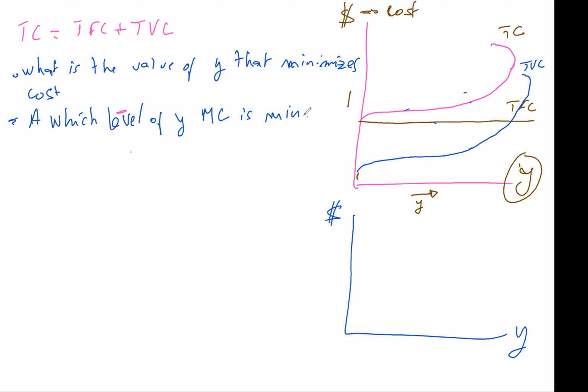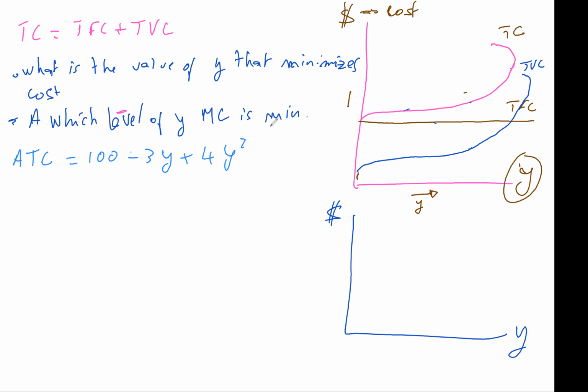I take a cost function. I start with the average total cost equals 100 minus 3y plus 4y squared.